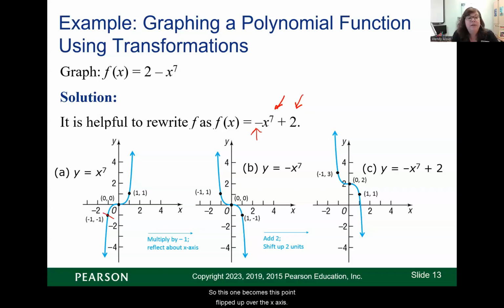This point, 1, 1, now becomes 1, negative 1, flipped across the x-axis. Last but not least, the plus 2 at the end means pick it up and move it up 2 units. And so our final one is picked up, moved up 2 units, and this is negative x to the 7th plus 2 using transformations. You're welcome to stop, slow me down, speed me up, or just rewind.